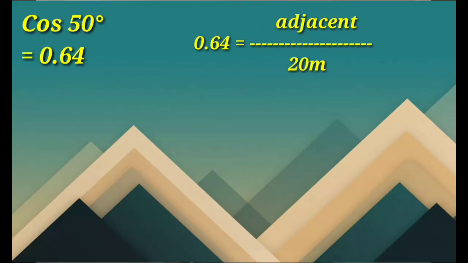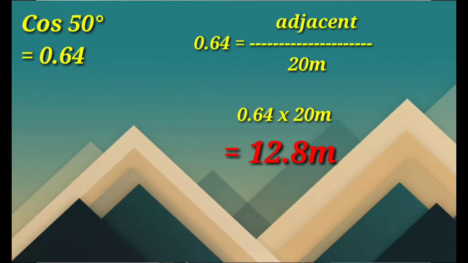0.64 is equal to adjacent over 20 meters. And now, we are going to multiply 0.64 by 20 meters. 0.64 times 20 is equal to 12.8. So, the value of x, or the adjacent of an angle, is equal to 12.8.